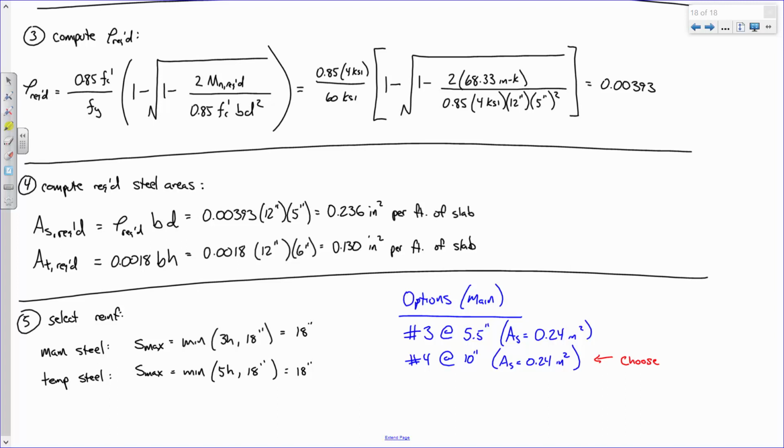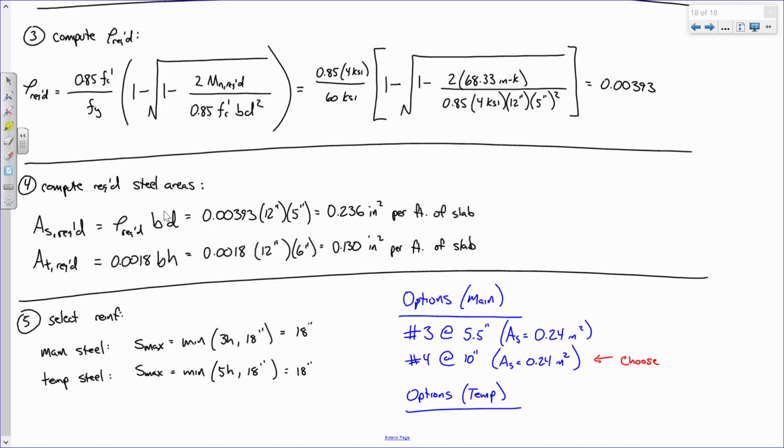Okay? Now we can finish this out real quick. Let's talk about the options for the temperature steel. Are there any options for number 3s? Any options for number 3s for the temperature steel?